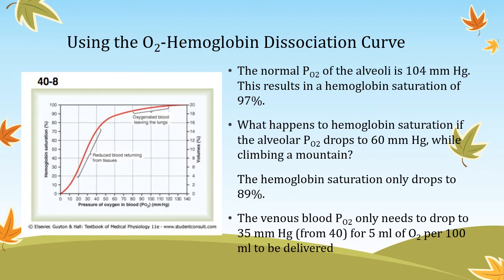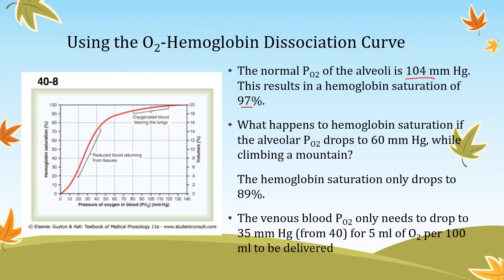Let's say the blood is leaving the lungs and comes to an area where the partial pressure is quite high, right? For example, the partial pressure is about 104 millimeter mercury. So you have hemoglobin saturation at 97%. When we talk about hemoglobin saturation, we're talking about the concentration of oxygen inside the hemoglobin.